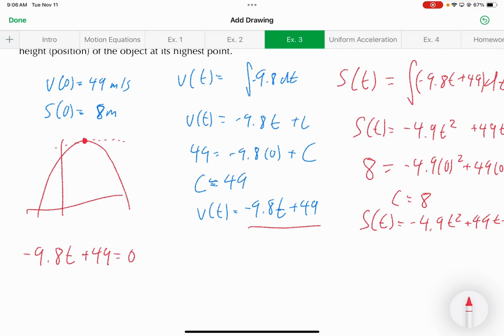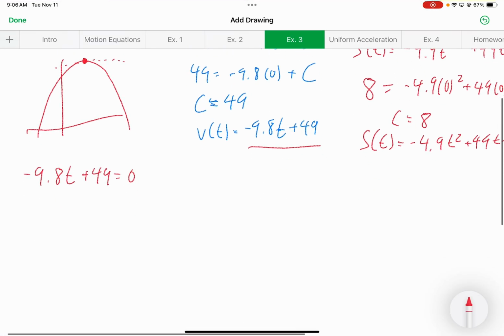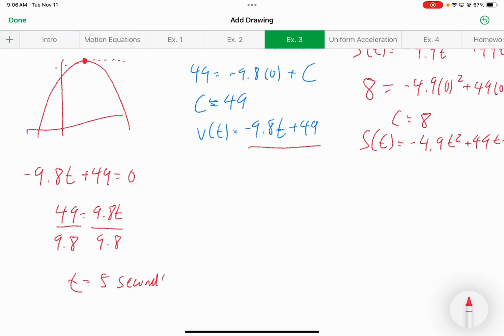So I would get 49 equals 9.8t. Divide by 9.8. Oh my gosh, decimal. But it turns out to be a nice number. It's 5. Yay! All right, so 5 seconds.